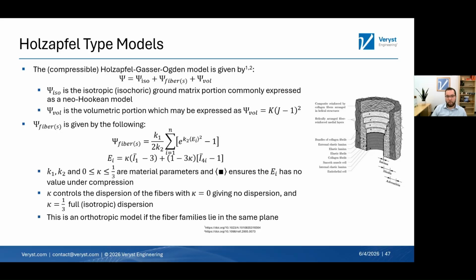This has really been designed for arteries first and foremost, with two fiber families. This is what Holzapfel and Gasser primarily worked on when they were developing this. The idea being that if you have two fiber families, you basically get a statistical variation of the dispersion of these fibers about that main principal axis.